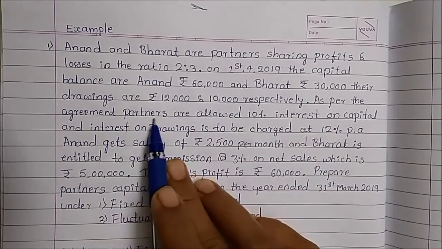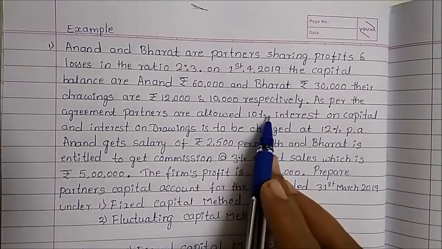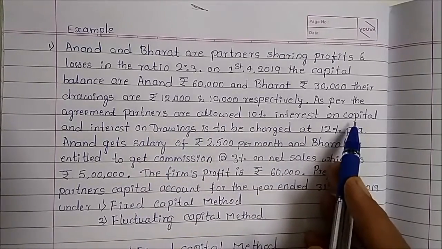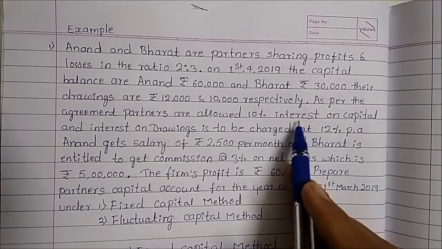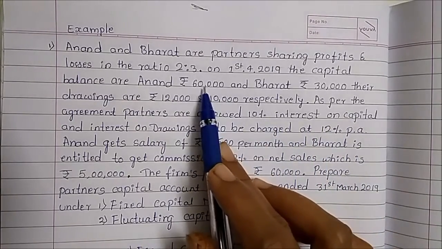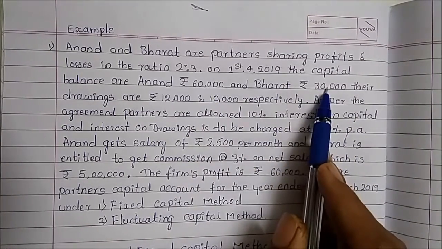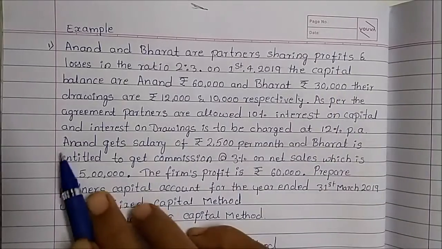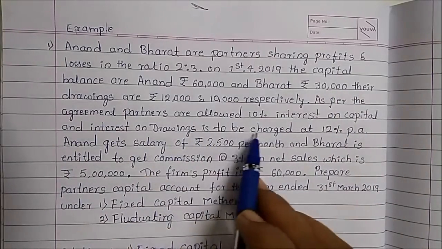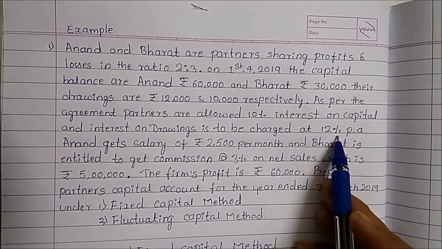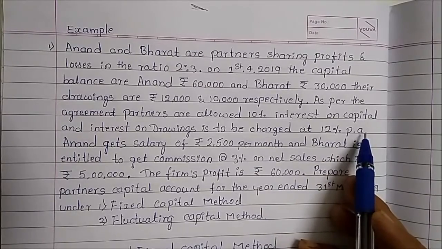As per the agreement, partners are allowed 10% interest on capital. So 10% interest has to be calculated on the 60,000 and 30,000. And interest on drawings is to be charged at 12% per annum.